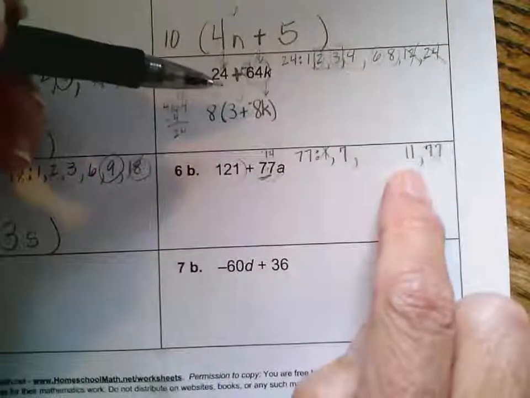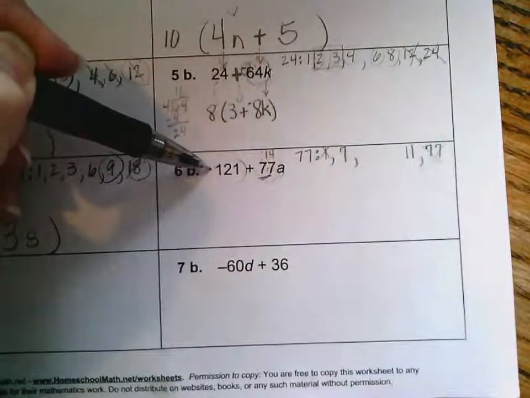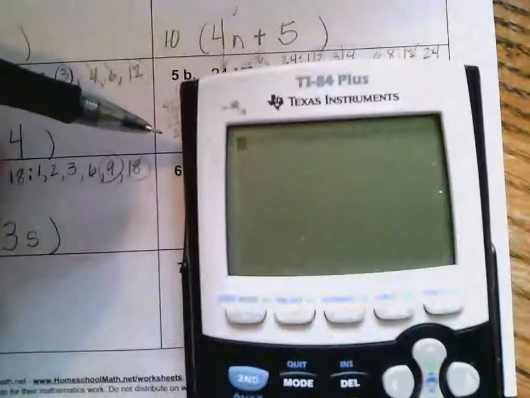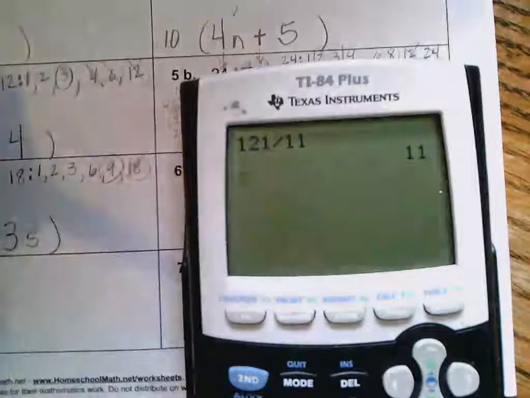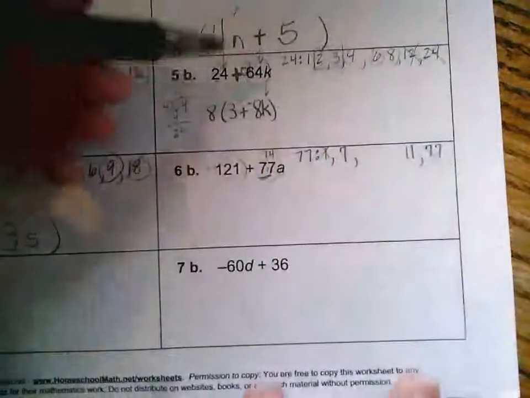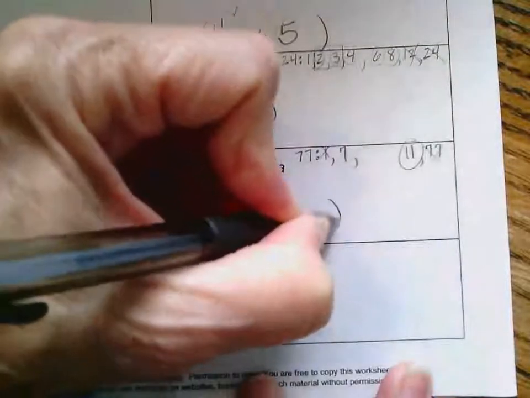So I asked myself, is 11 a factor of 121? Again, if I don't know, 121 divided by 11, oh, it is. So I'm going to use 11 as my greatest common factor.